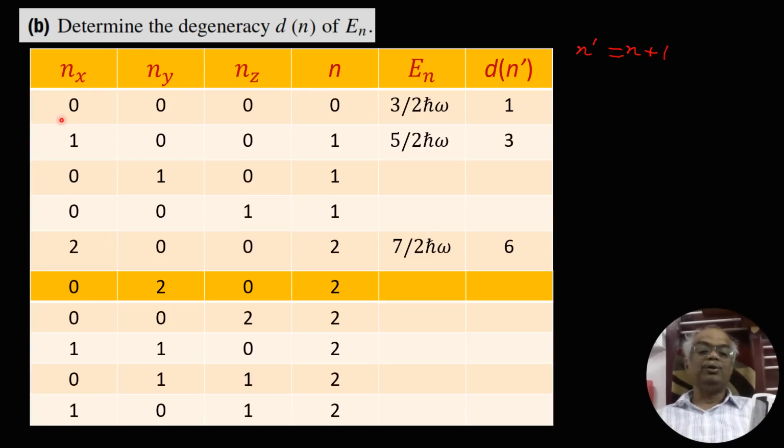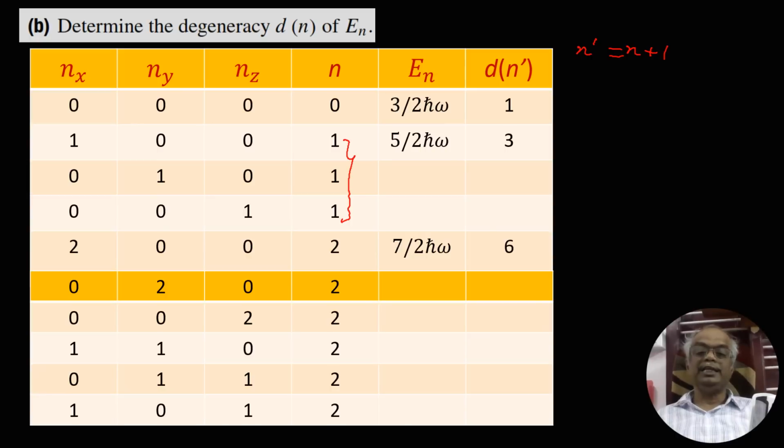If n equal to 0, n prime is 1, that is degeneracy is 1. Now next you take n equal to 1. So there are three possibilities: 1, 0, 0; 0, 1, 0; 0, 0, 1.